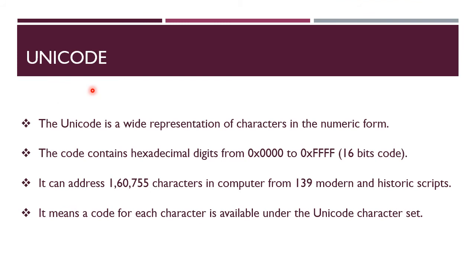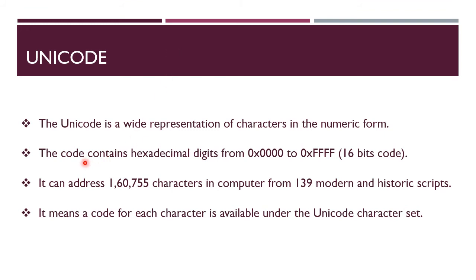So a particular code of a character is always unique. For any character you take, its code will be unique. What does it mean? The code for one character is different from the code of another character. There will never be one code for more than one character.